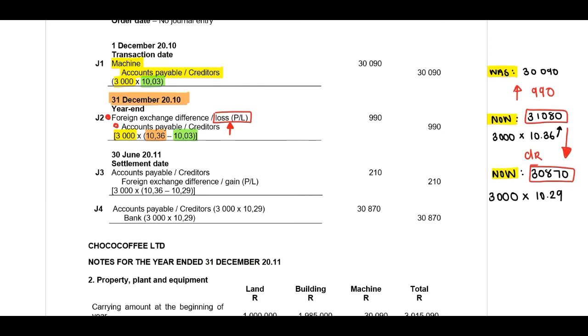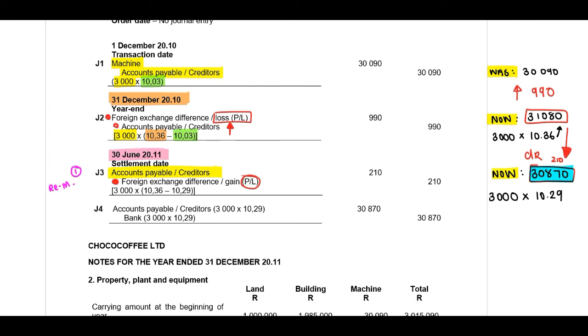Therefore, if you look at our journal on 30 June 2011, where we first had to remeasure our creditor, journal number 1, we debit our creditor, a decrease, and we credit our foreign exchange difference gain in our profit and loss with a 210 decrease, because we now have to pay this 30,870.